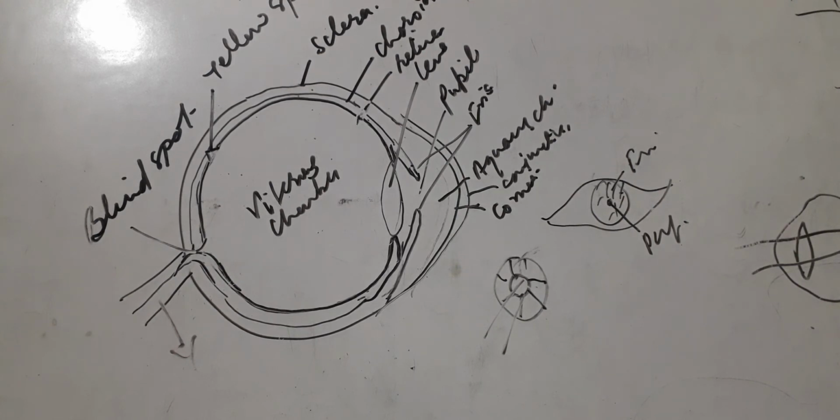Color vision is the responsibility of the cones. These are the adaptations of the eyes to see clearly. Now some defects of the eyes.